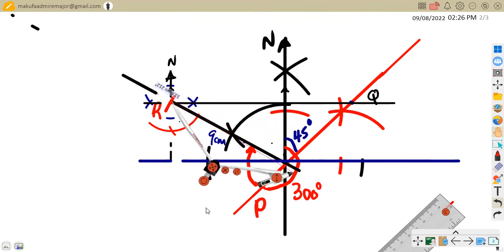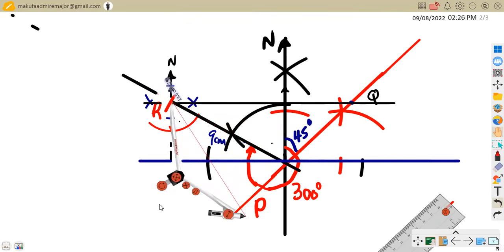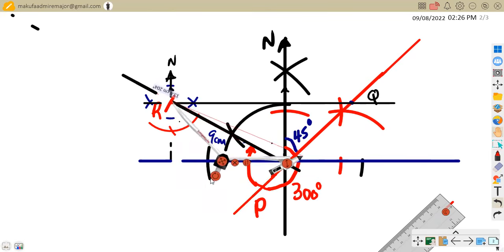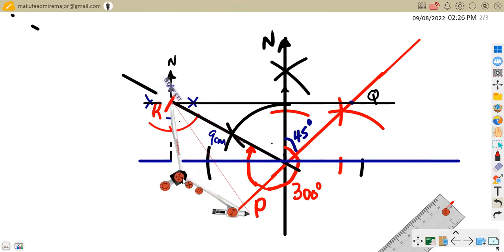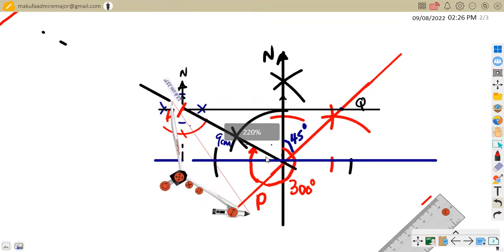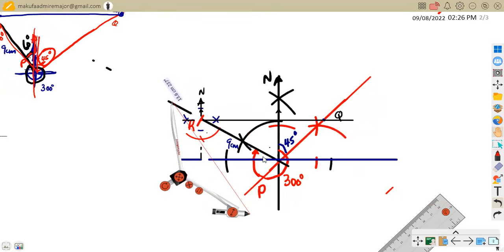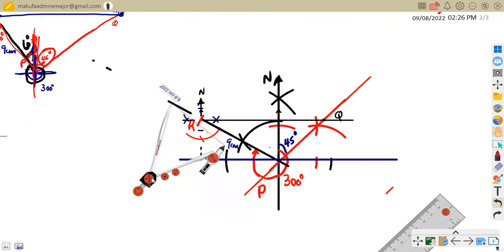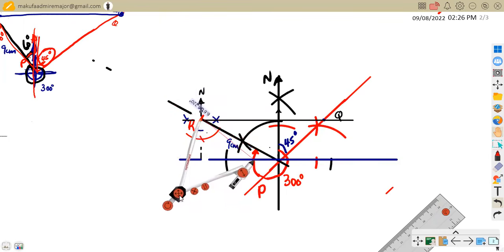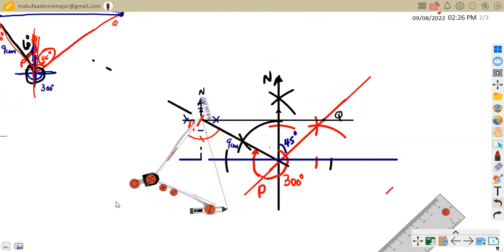You must have 2 arcs on this line, which are going to be created along this line. Maybe if I reduce it a little bit, it can actually work properly. This is what I'm trying to say. From this point R, open a distance which allows you to mark an arc which crosses this line at 2 points.